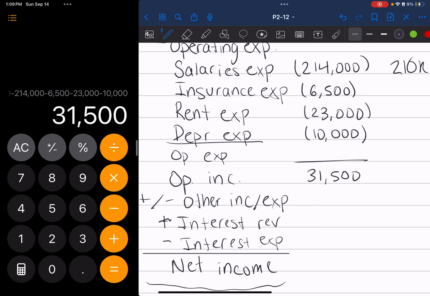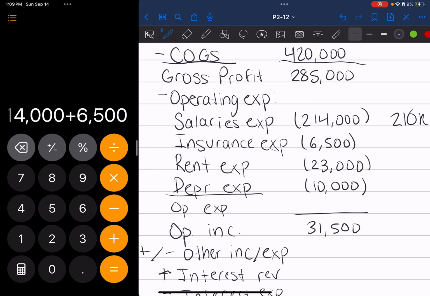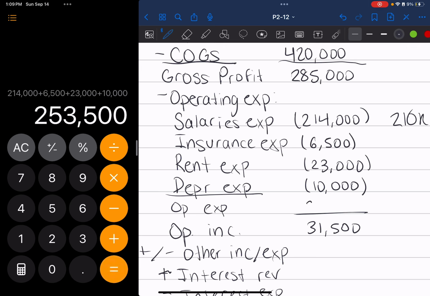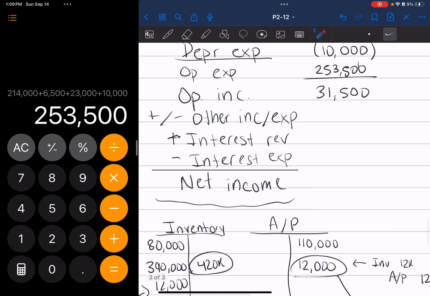The expenses totaled up would be $214,000 plus $6,500 plus $23,000 plus $10,000. So total operating expenses would have been $253,500. So we basically subtract that total from there to get operating income.